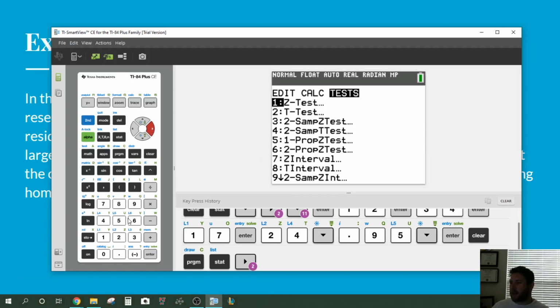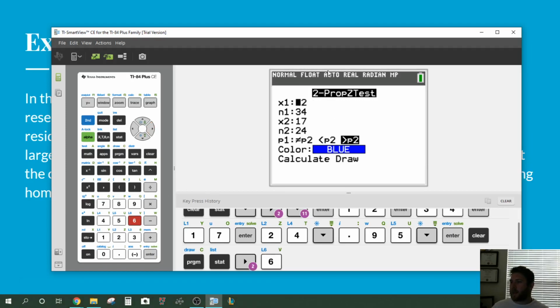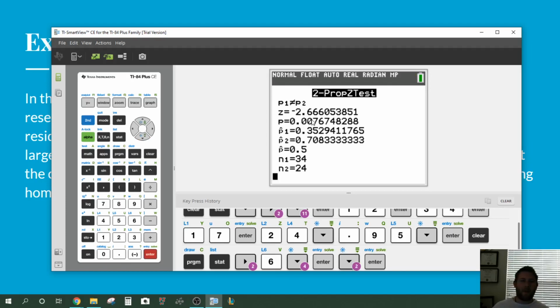That's number 6 right here. And you'll notice all my information is actually here already, which is kind of convenient. And we know we're doing a not equal to test, and then we calculate, and here's my information already done. Here's my test statistic. Here's my p-value.